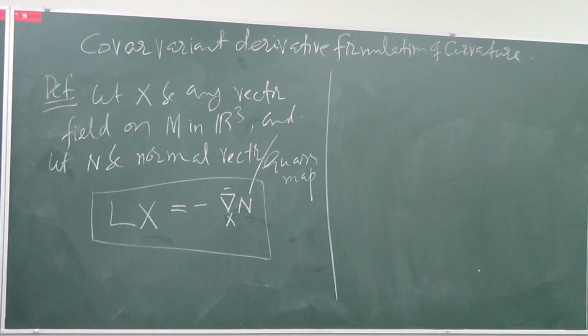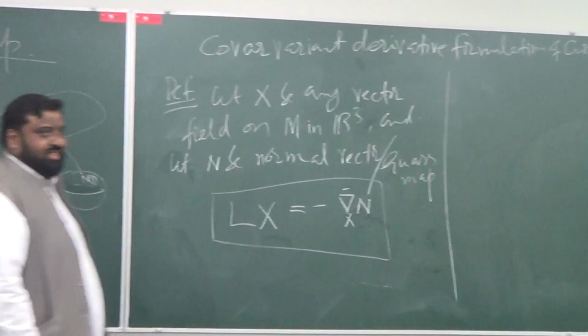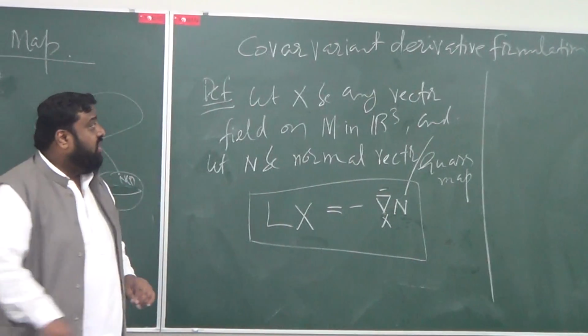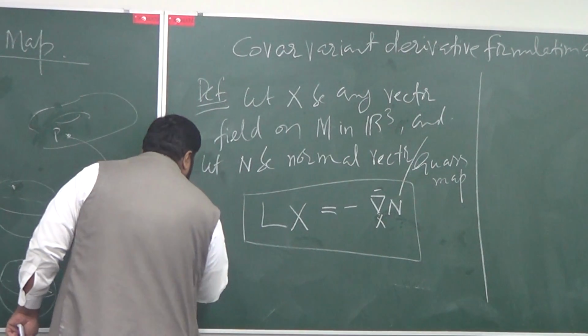What does this map mean? That map takes a particular direction, and we are pushing to move the normal in that direction. Let's see what happens. Studying this operator gives you lots and lots of operators. This operator has a name.